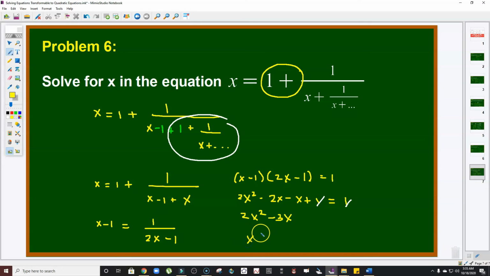And of course, factor out the x, I'm going to have x times 2x minus 3. And clearly, the values of x here are 0 and 3 over 2. But obviously, you have to ignore 0 because x will never be 0. So, the only answer here is 3 halves.